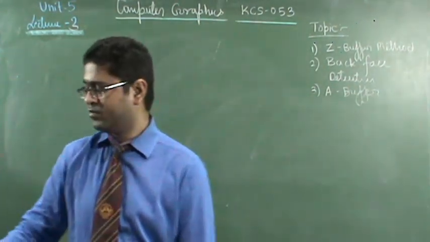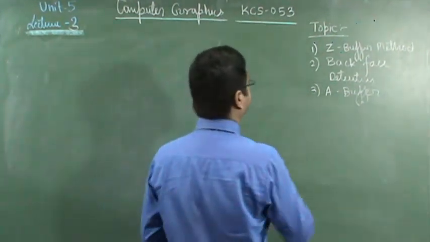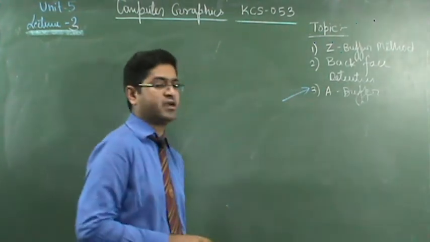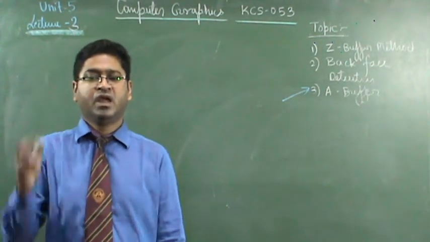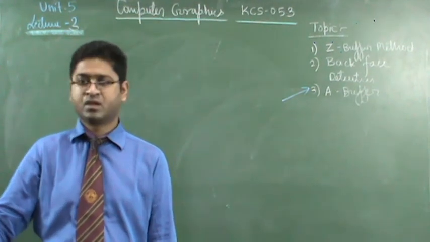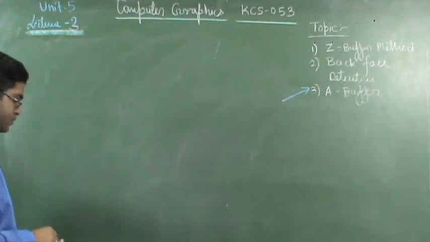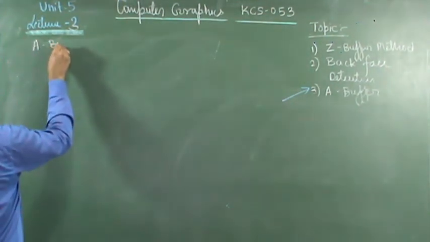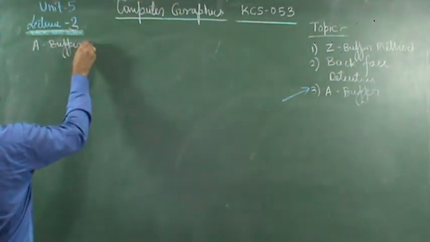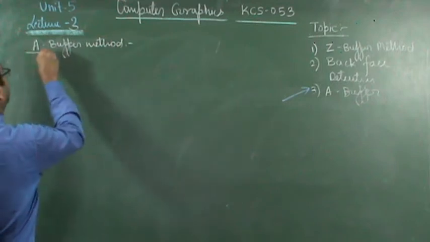So next, now we are moving towards the A buffer method. This method is also used for back face detection and the illumination model. So what is the A buffer method?